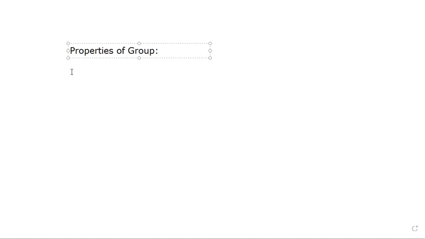Number one is role. Role means an expected set of behavior patterns attributed to someone.